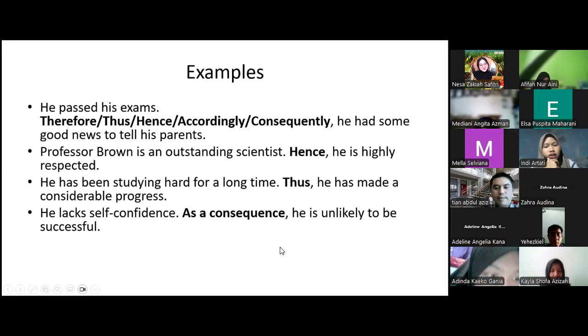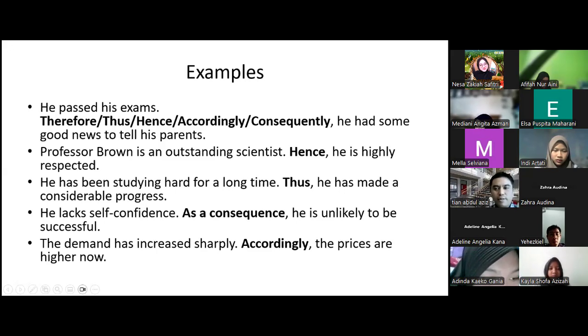He lacks self-confidence, as a consequence or as a result, hence, thus, he is unlikely to be successful. The second sentence is the result from the first sentence.